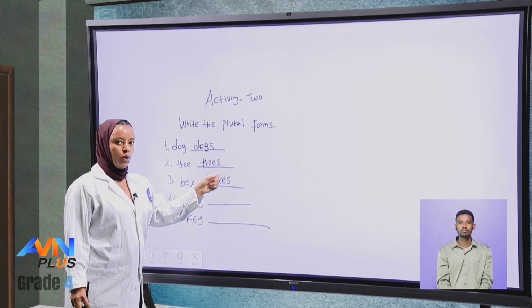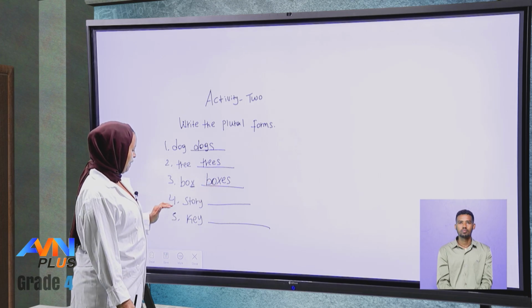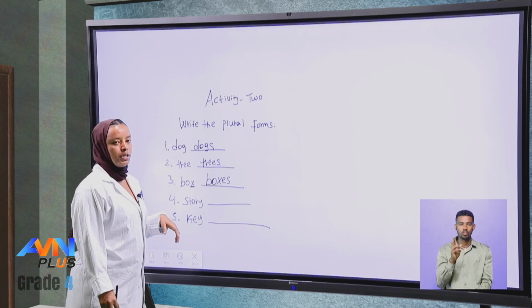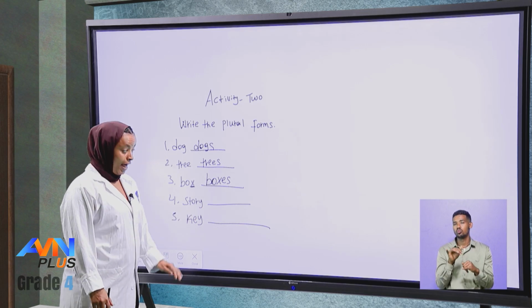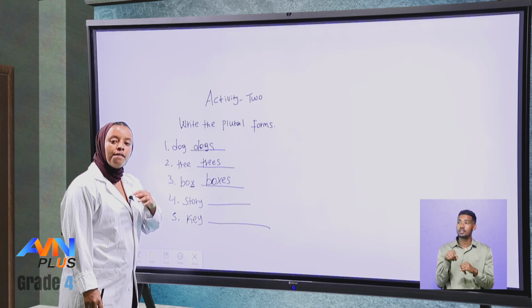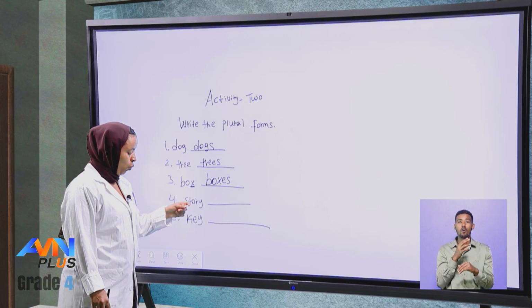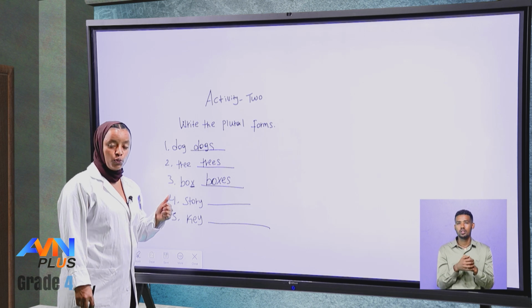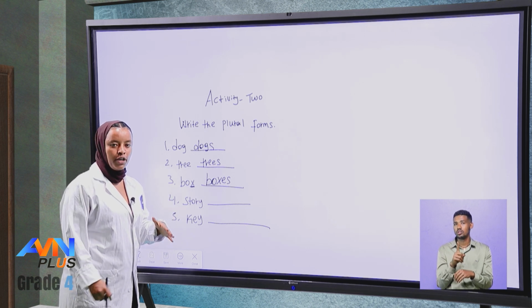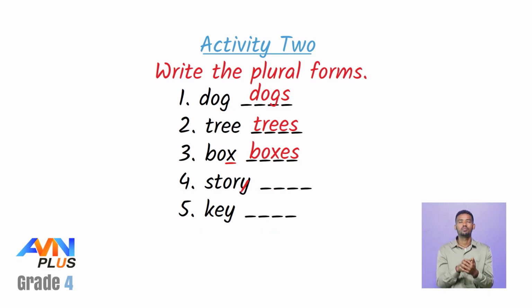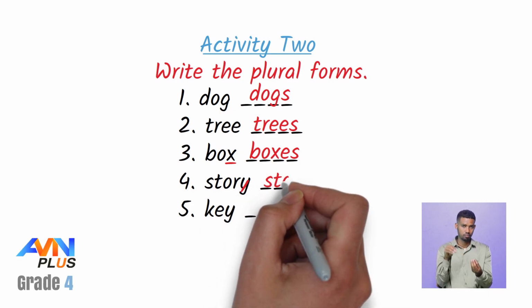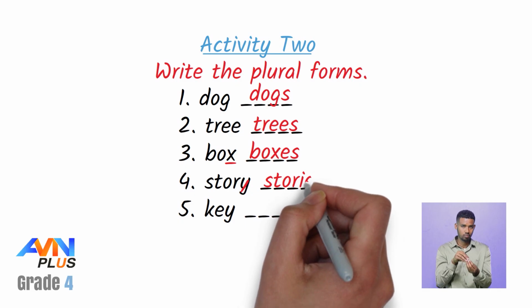Here is story, ending with what? Y, and there is no vowel letter before Y. Look at it, R is what? A consonant letter. So we just cancel Y and make stories.